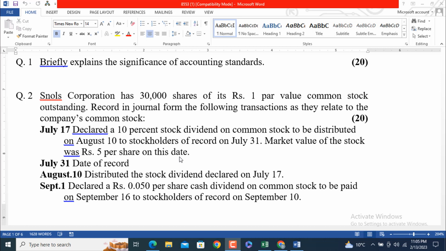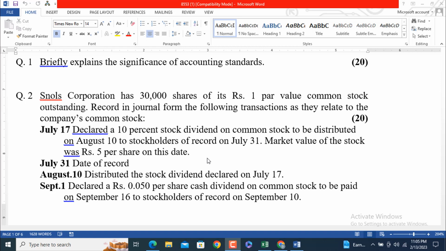So regarding the declaration date and record date, we just present this information as a memorandum. We are not interested in recording it regarding the declaration and record date. We just pass an entry on the date on which we distribute the stock dividend to the stockholders.